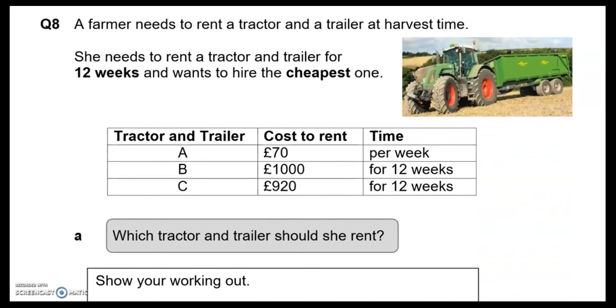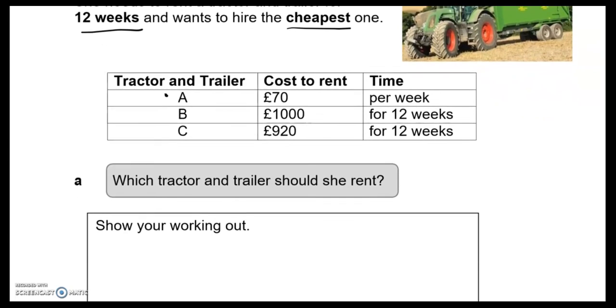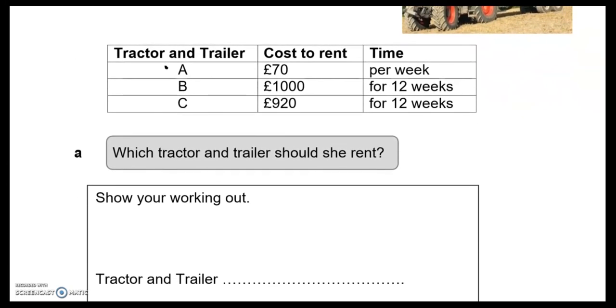A farmer needs to rent a tractor and a trailer at harvest time. She needs to rent a tractor and trailer for 12 weeks and wants to hire the cheapest one. So, looking at option A, we've got it £70 per week, so 12 times 70, that is £840.